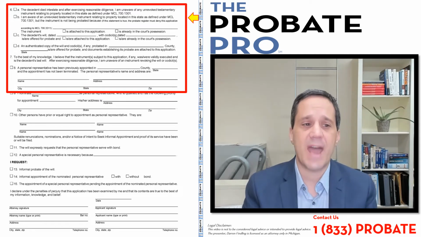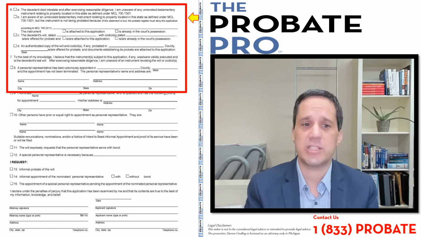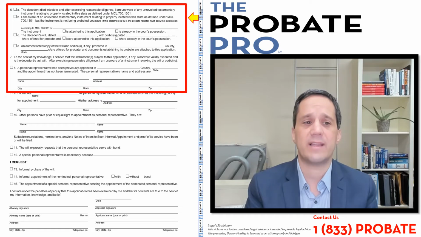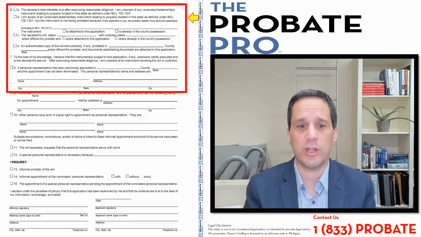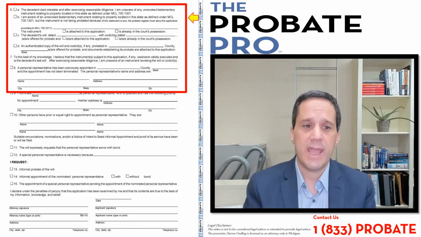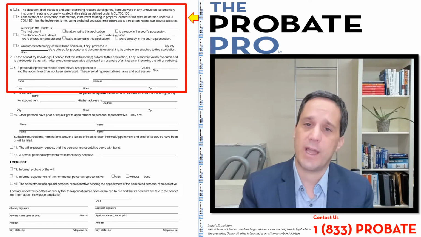The next is that under Section 7, there's an identification: to the best of my knowledge, I believe that the instrument subject to the application was validly executed as the decedent's will, but I'm unaware of any instrument revoking the will. Section 8 identifies if this estate had been previously opened in another county or state.